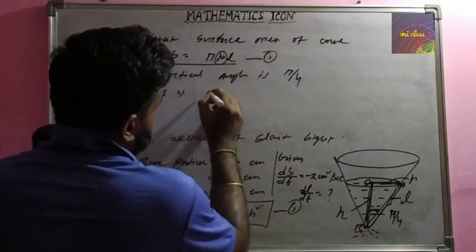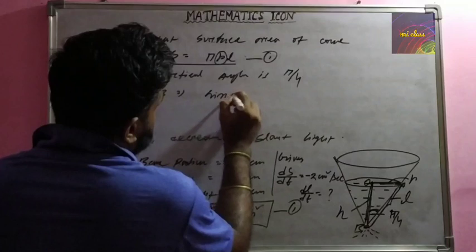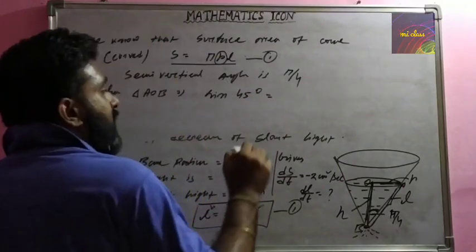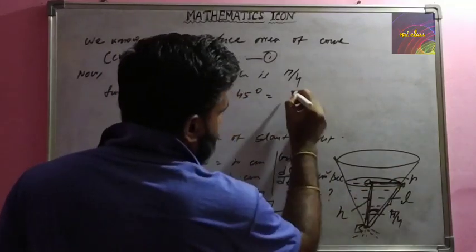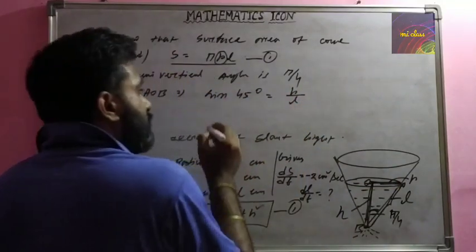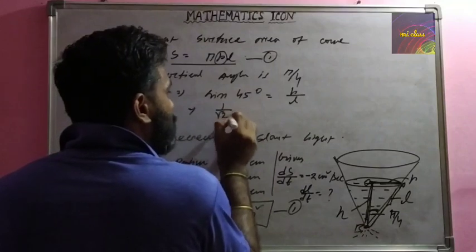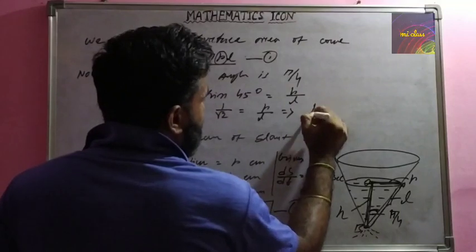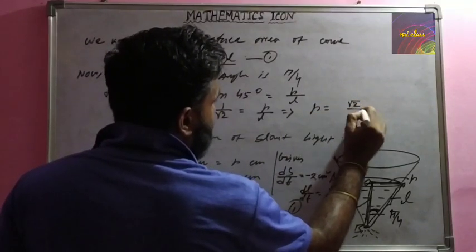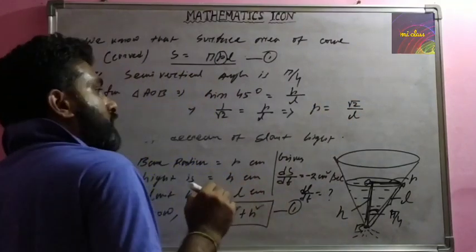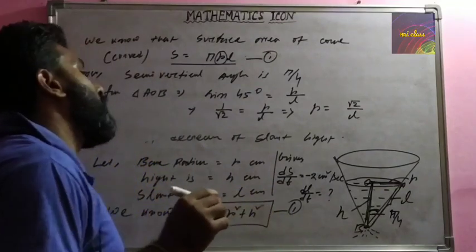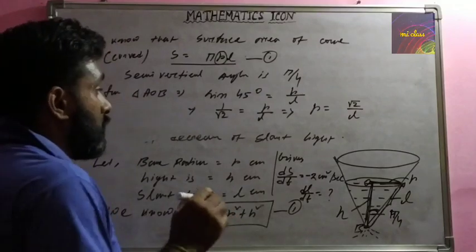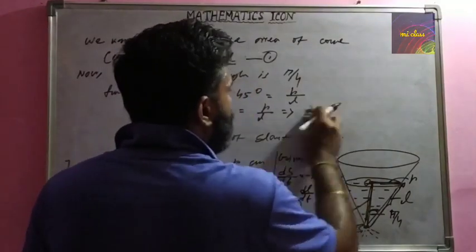In triangle AOB, sin pi by 4, that means sin 45 degrees, equals height by hypotenuse. Height means R, hypotenuse means L. So 1 by root 2 equals R by L. That means R equals L by root 2.